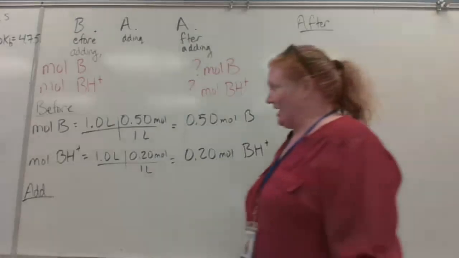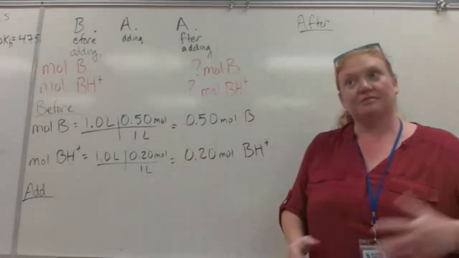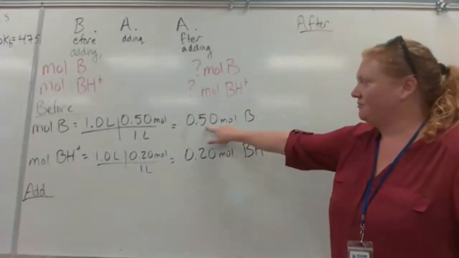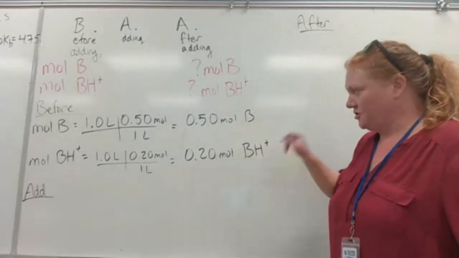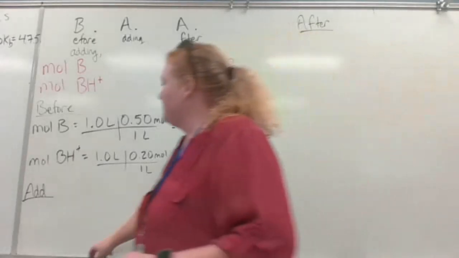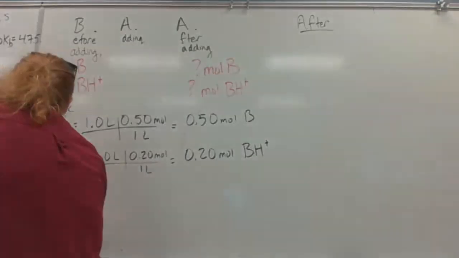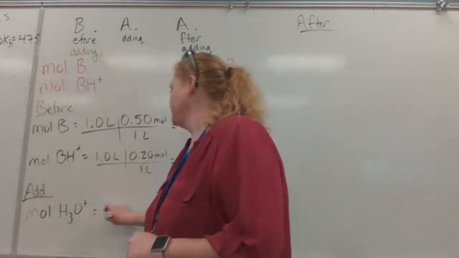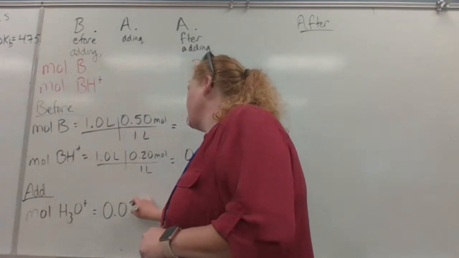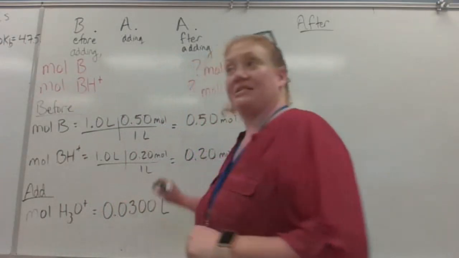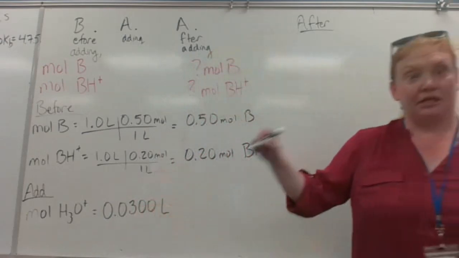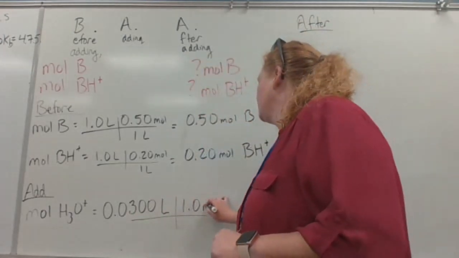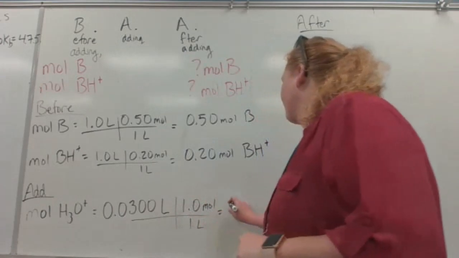If I was using a different volume, would I have to calculate the new amount of moles? Yes, but this is the same as we saw in part B. 0.5 moles of B, 0.2 moles of conjugate acid. The moles of H3O plus added: 0.0300 liters, that's my 30 milliliters in liters, times 1 molar, 1 mole per 1 liter.